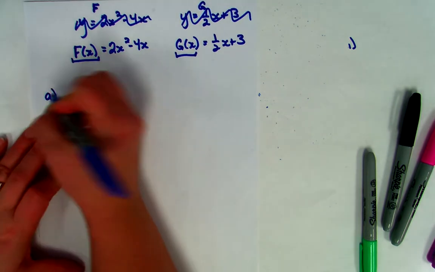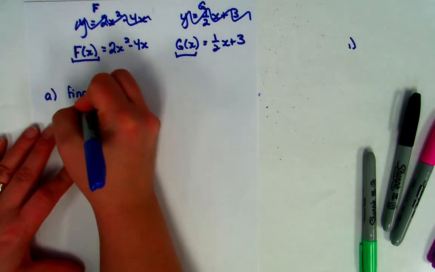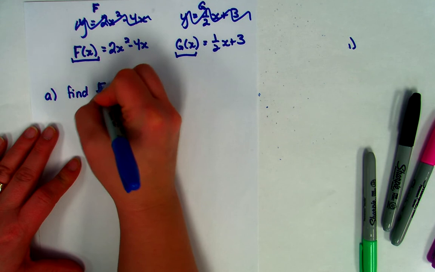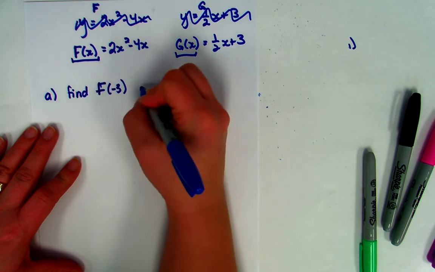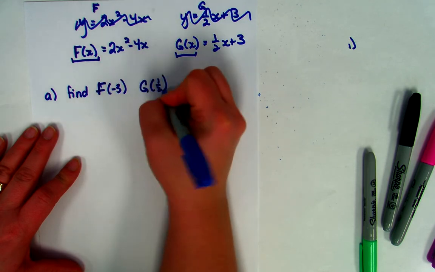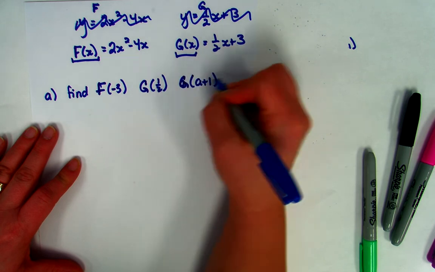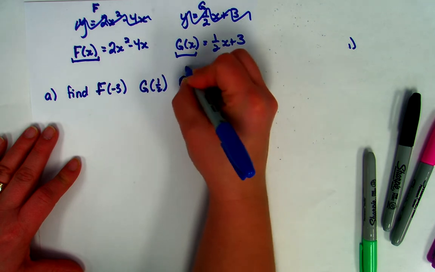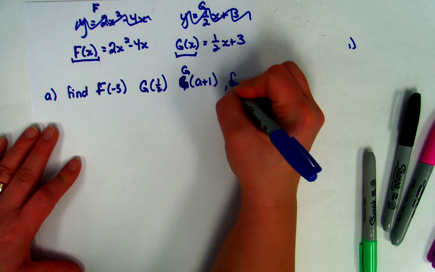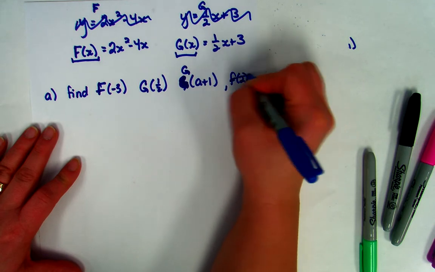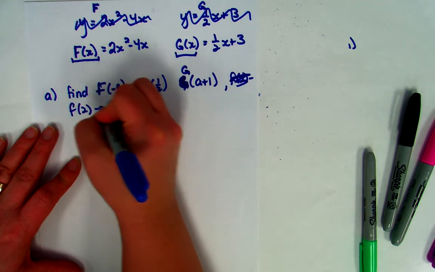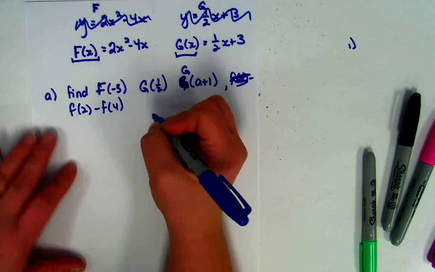So for the first one, we're going to find some values. So find f of -3, g of 1/2, g of a plus 1, and f at 2 minus f at 4.